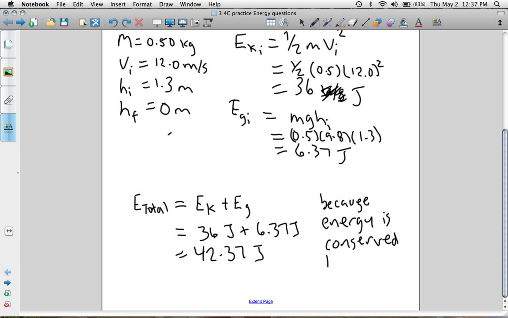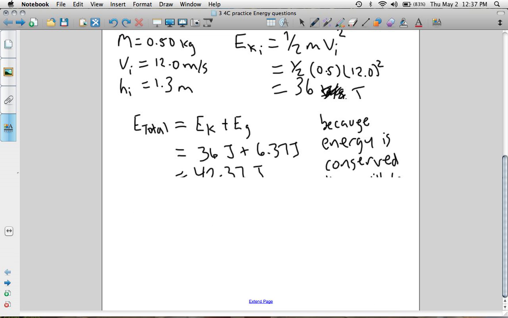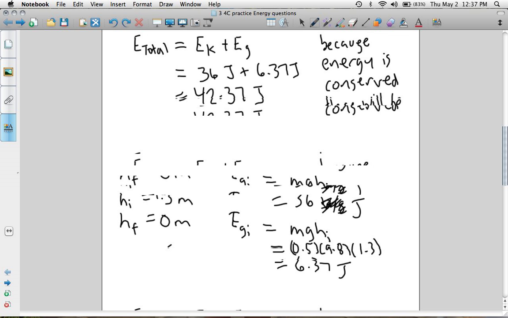So in this case, because energy is conserved, there will be the same E total at the end. Okay, so that takes care of that.